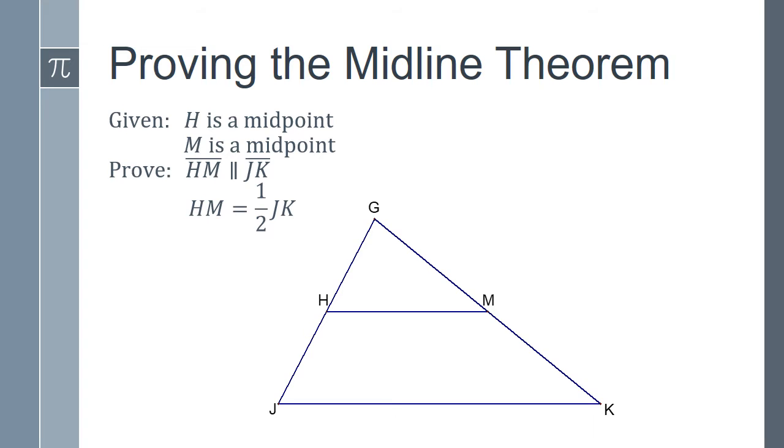So the first thing we want to do is extend HM through M to point P such that HM is congruent to MP.